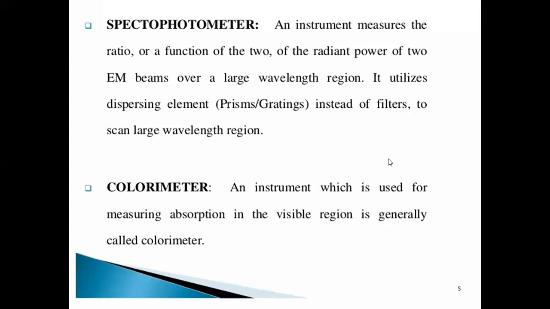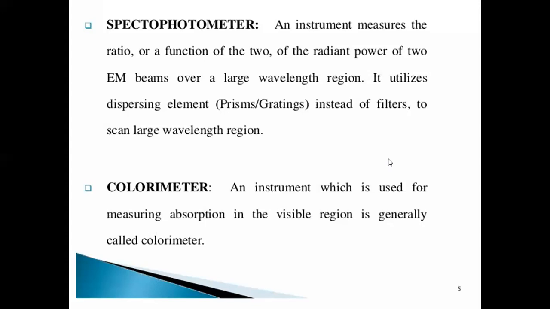These are inserted instead of filters to scan the large wavelength region. So the equipment is incorporated with prism pairs or a grating system. Prisms are the older design, the gratings are the latest one. These are incorporated to obtain the large wavelength region. That's why it is known as the spectrophotometer.